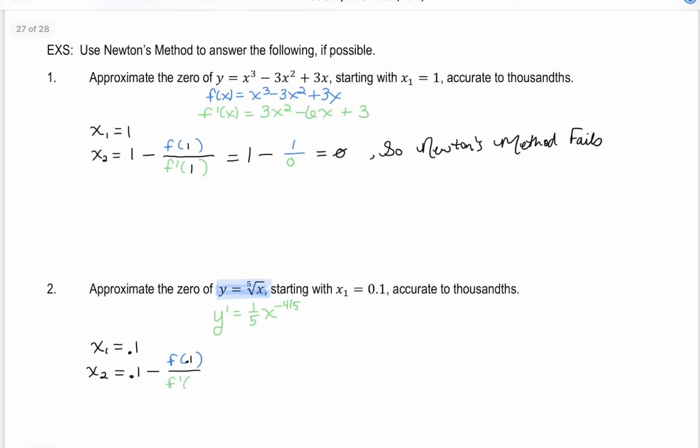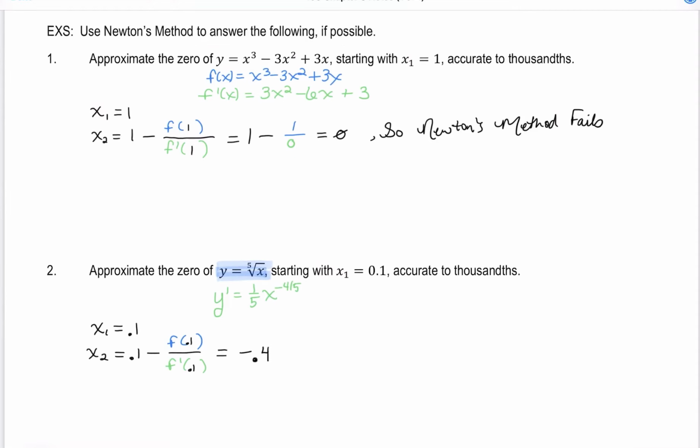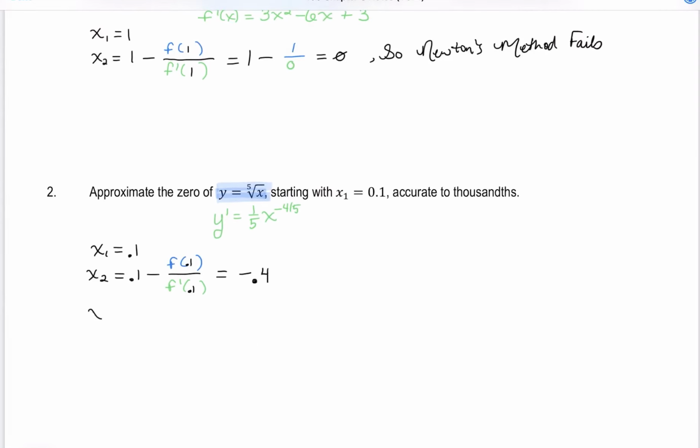For this one, I took the liberty of plugging into my calculator earlier, so let's look at these values. We've done so many of these, hopefully you're on to the idea of it. Suppose we continued. I want you to be looking at the sequence of x sub i. Hopefully you got the idea of how to do these in your calculator. Here are the first 6 values that you would get.